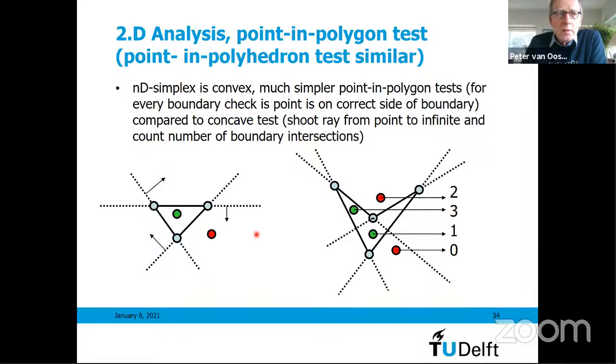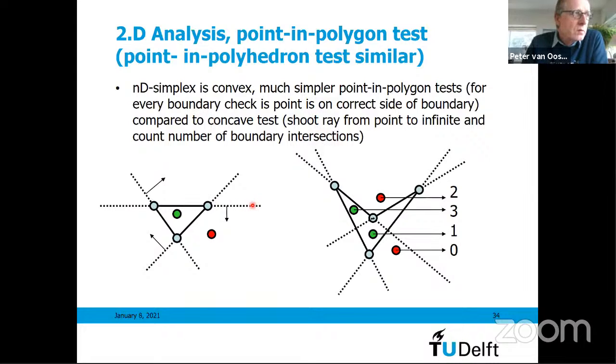The test now is just check if for every boundary baseline you are on the right side. So look at this green dot. It's on the right side of this line. It is on the right side of this line. And it's also on the right side of this line.